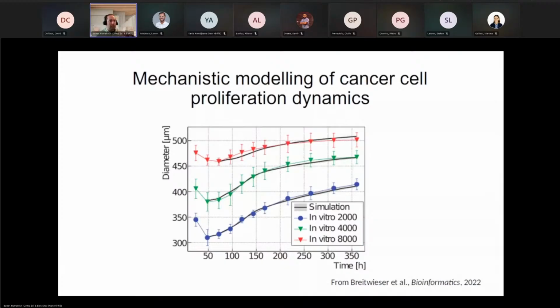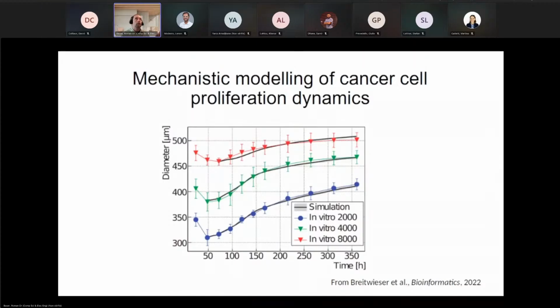So on multiple scales, both spatial and temporal scales, we can create models that then can be compared with various experimental data. So it's not like we are constrained to a very particular type of experimental data, but there are various different data modalities that we can use in order to assess whether our computational models make sense.